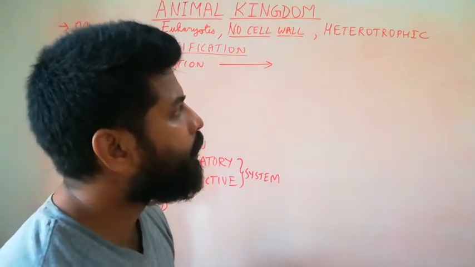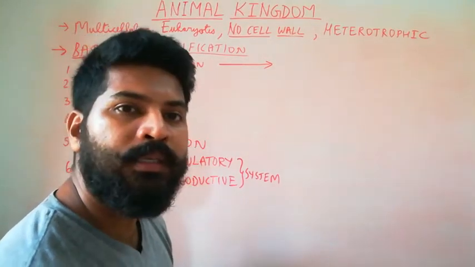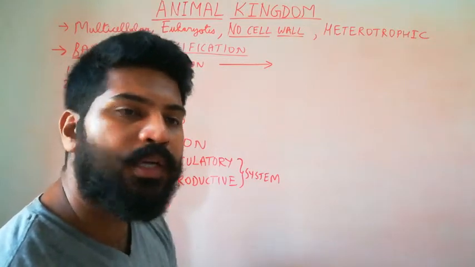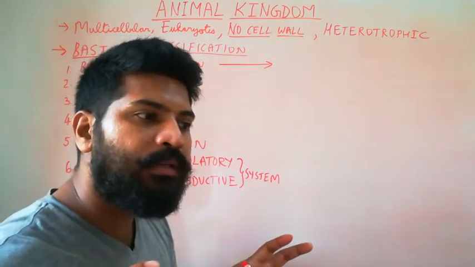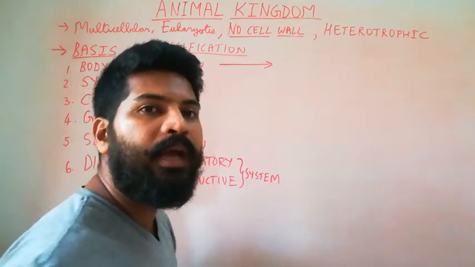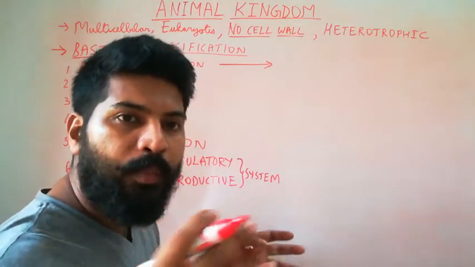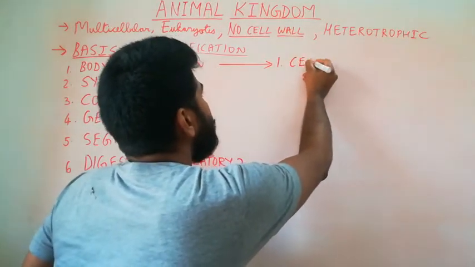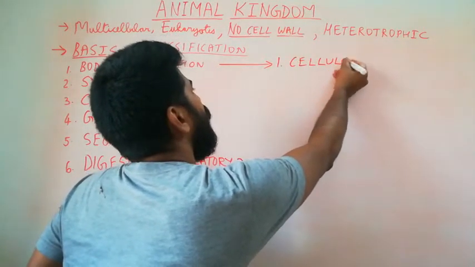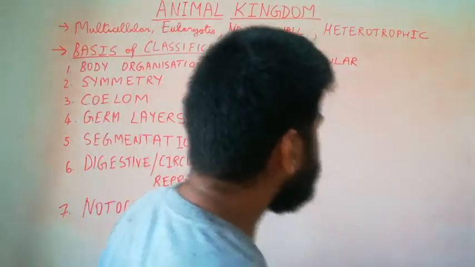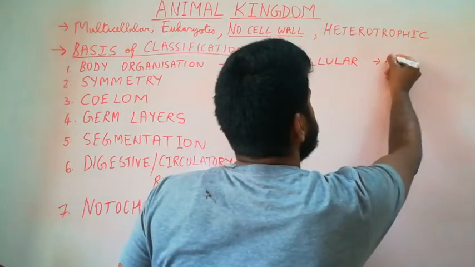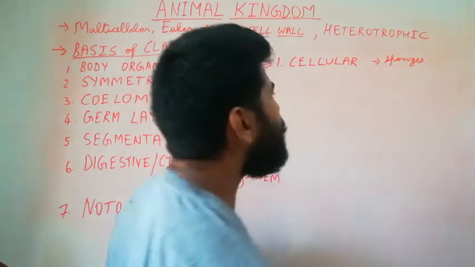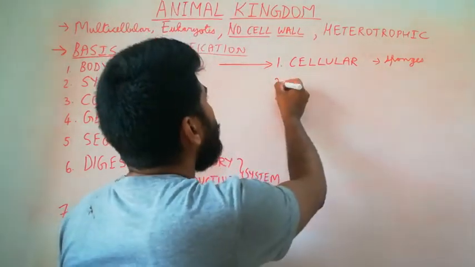But some animals, they exhibit a loose cell structure. That is, cells are loosely arranged. They do not come together. So we see a cellular level of organization. Example, in sponges, cells are loosely arranged. They are not compact.